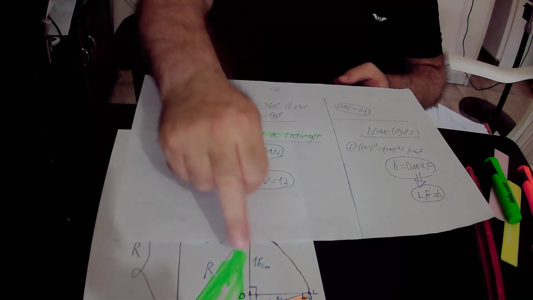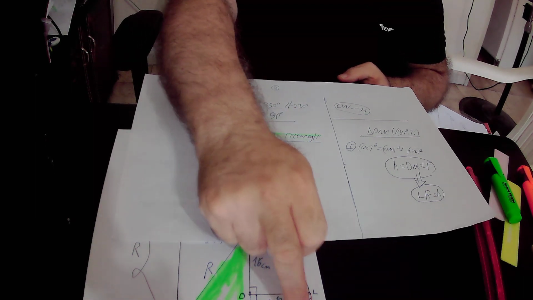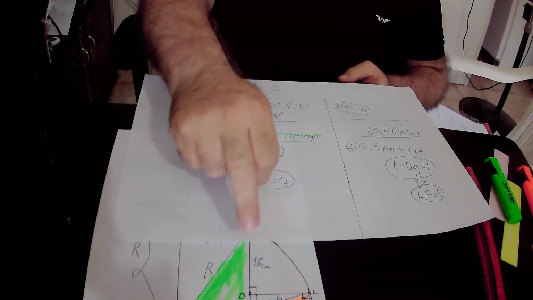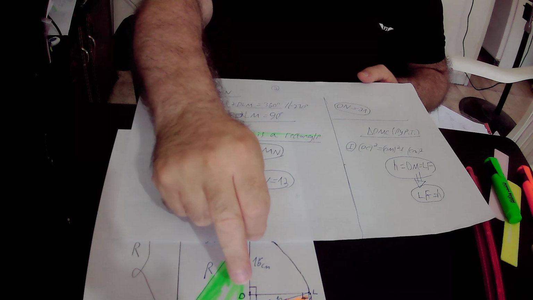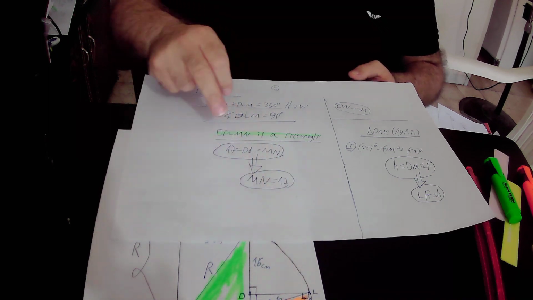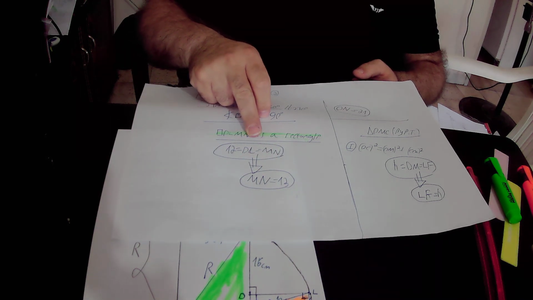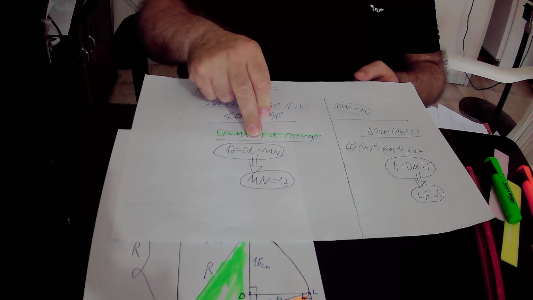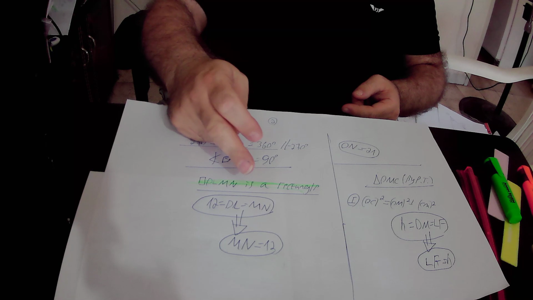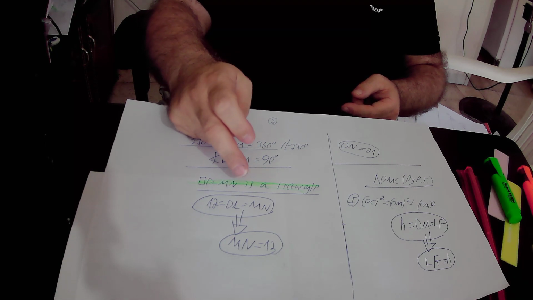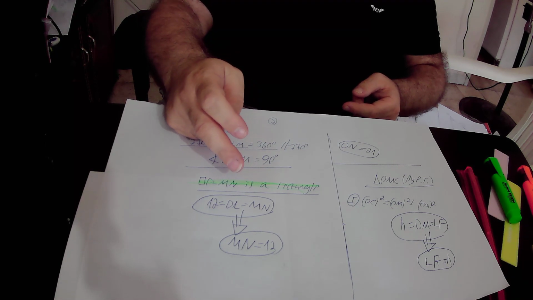So in rectangle LDMN, its opposite sides are equal to each other. That is to say, DL equals MN. According to the rule that the opposite sides of a rectangle are equal to each other, we get that DL equals MN.